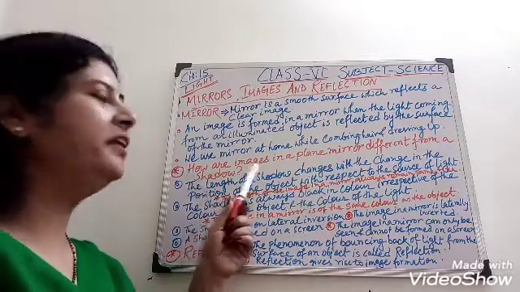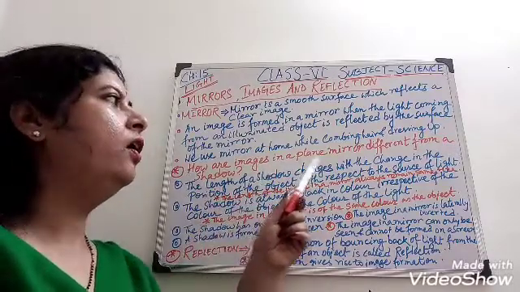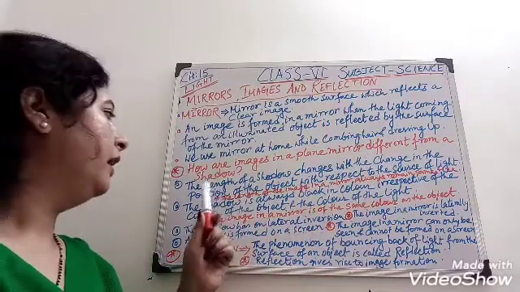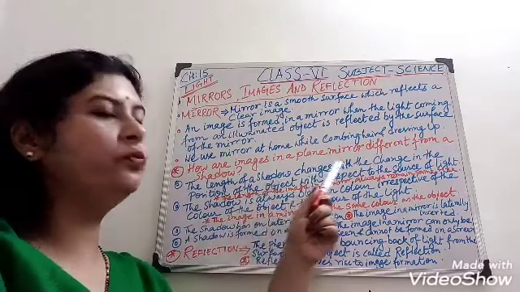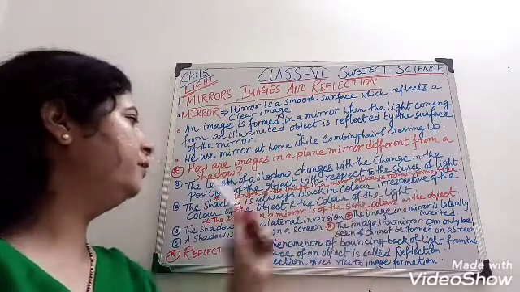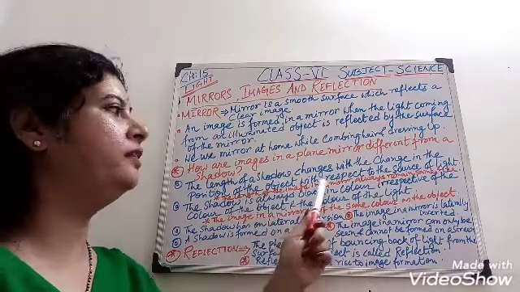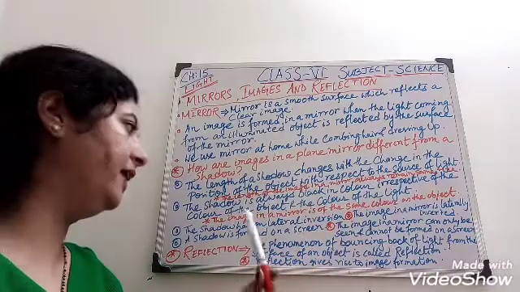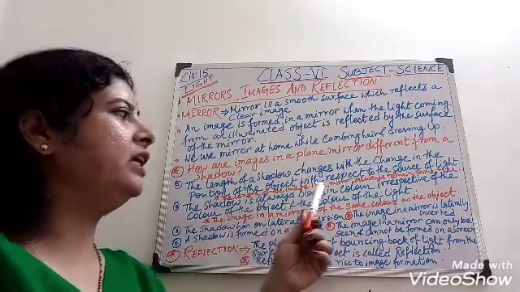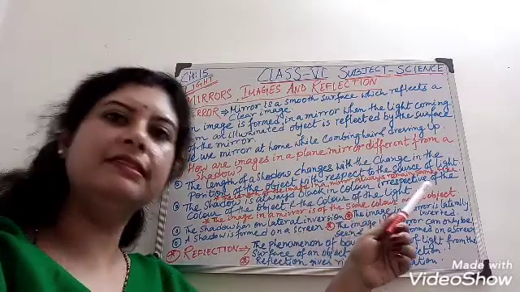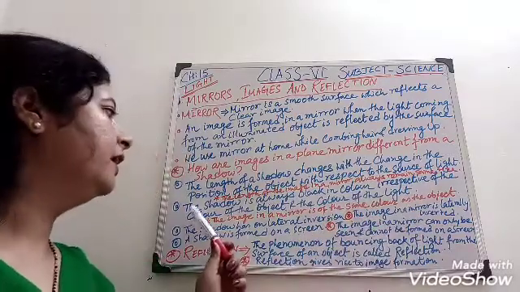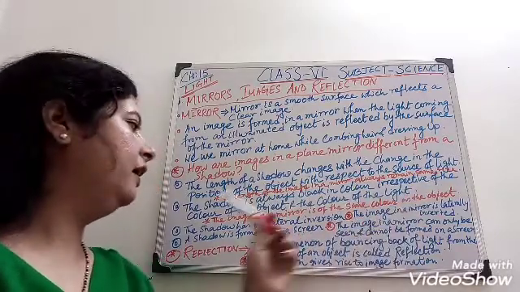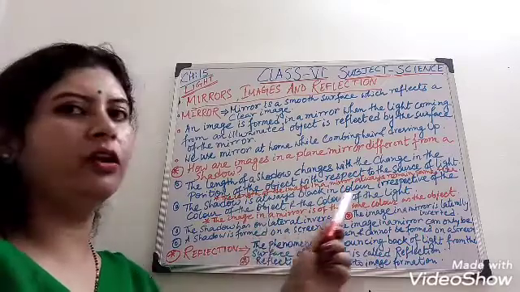Now, how is an image in a plane mirror different from a shadow? First, the length of the shadow changes with the change in the position of the object with respect to the source of light. But in case of an image, the size of the image in a mirror always remains the same. Next, the shadow is always black in color irrespective of the color of the object or the color of the light.